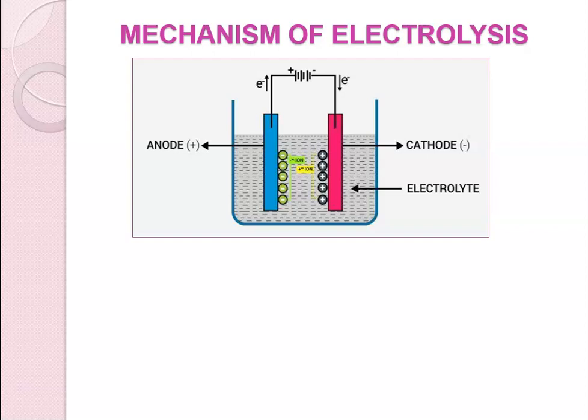The other one is connected to the negative terminal of the battery, gets a negative charge over it, and it is the cathode. So you have one anode and one cathode in this particular cell. And the reactant is a fused electrolyte. There are many cations and many anions, but all the cations are of the same kind and all the anions are of the same kind. This is the electrolyte.